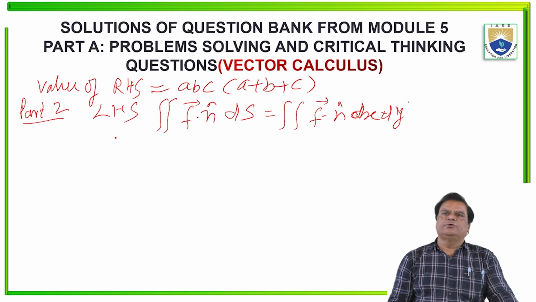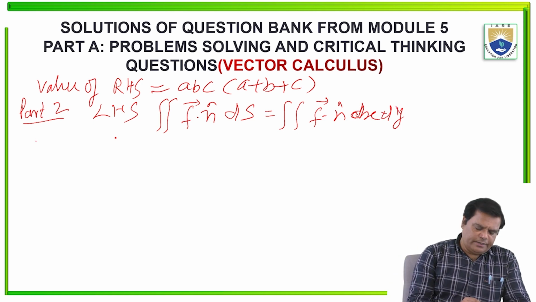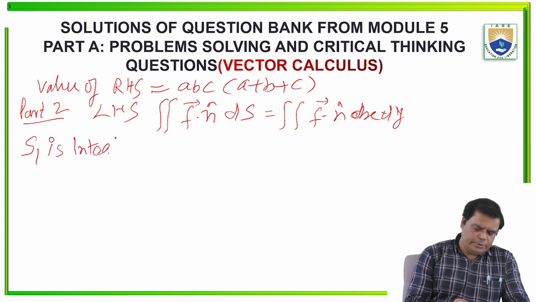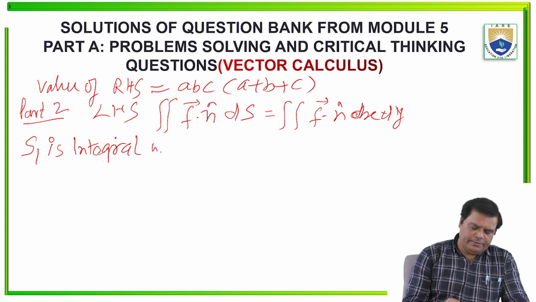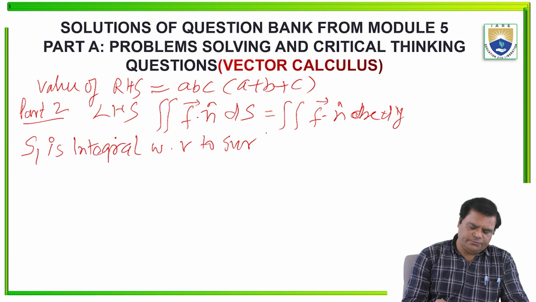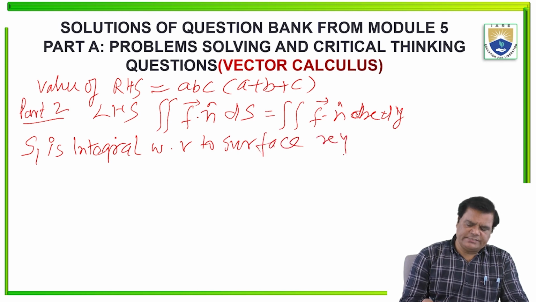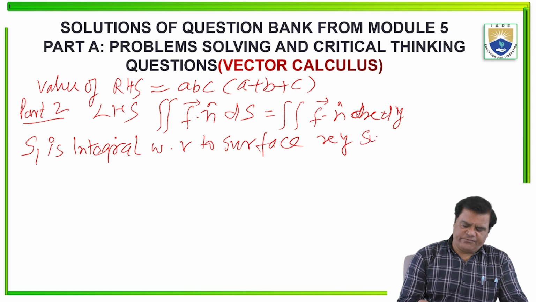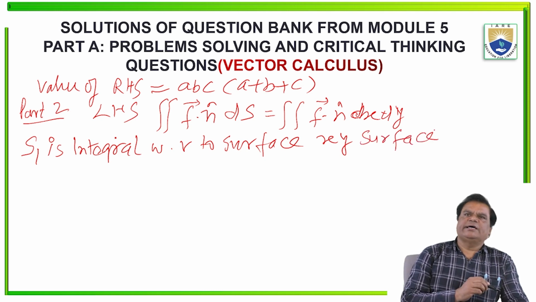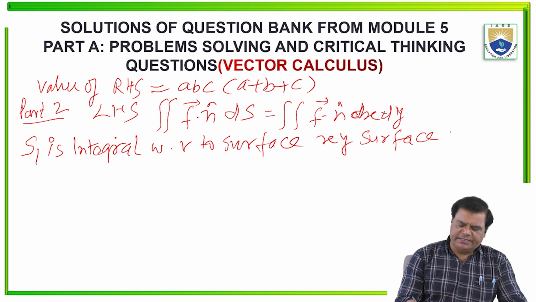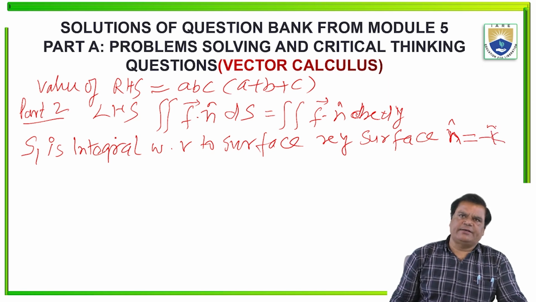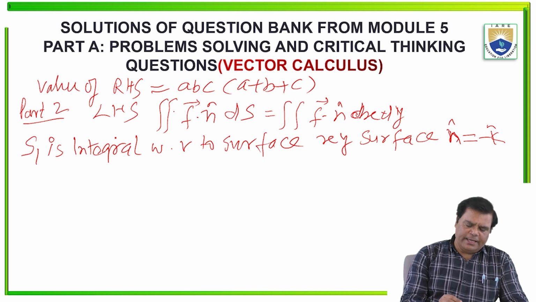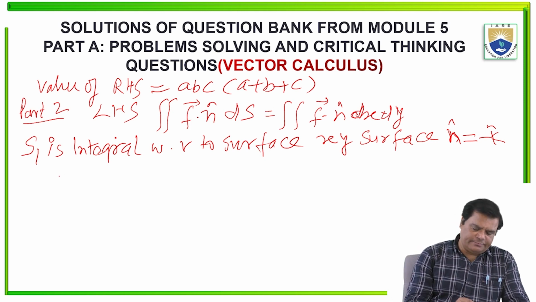Okay. So now S1 is the integral with respect to the xy surface. Okay, the xy surface. So for the xy surface, n vector equals minus k vector, and here f vector is x square i plus y square j plus z square k.